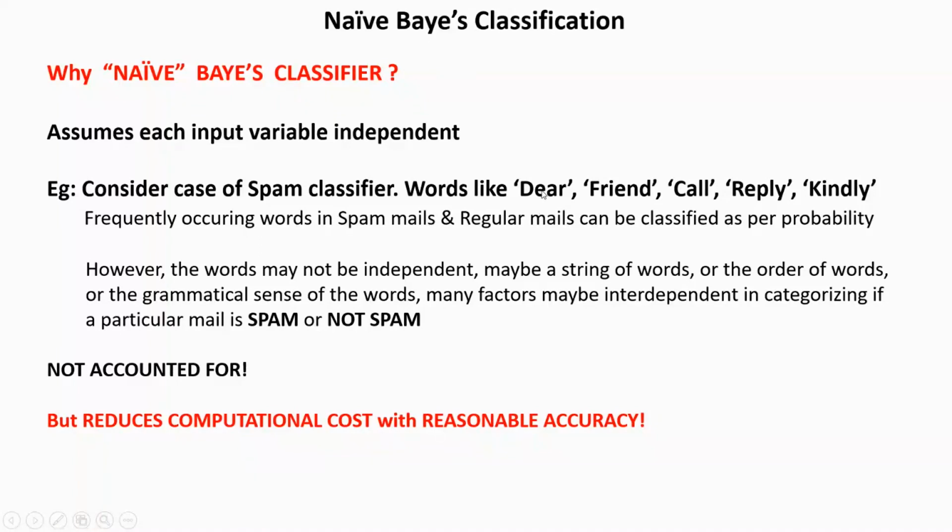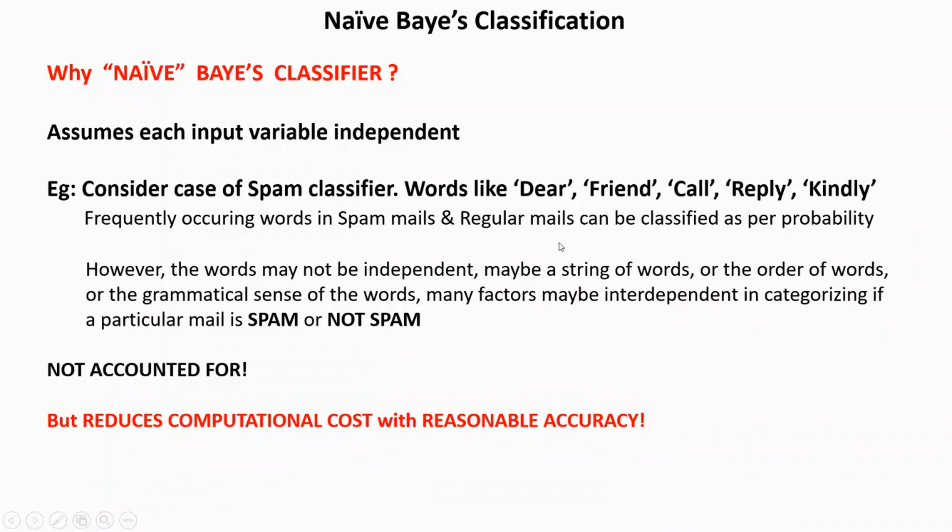So here basically these words are not independent of each other. Many a times it may so happen that the sequence of words also matters. If it is, for example, dear friend, then probably that is a regular mail. It probably does not consider the sequence associated with it.